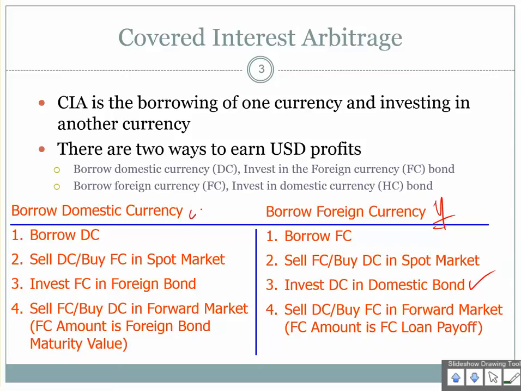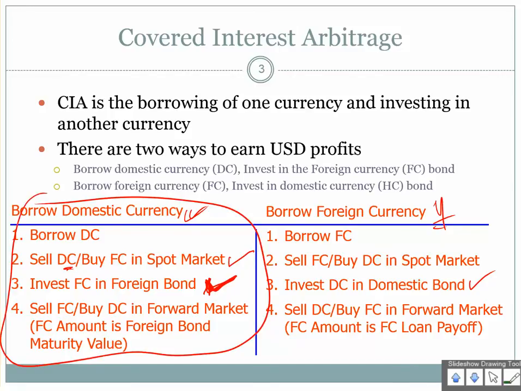If I borrow U.S. dollars, then sell the domestic currency, the dollar, and buy a foreign currency, and then buy a foreign bond, I could get into significant risks of holding a bond that may be riskier than the U.S. So in this strategy, in which I borrow dollars and invest in a foreign bond, if this foreign bond has what we call sovereign risk, or significant sovereign risk, that causes difficulty.